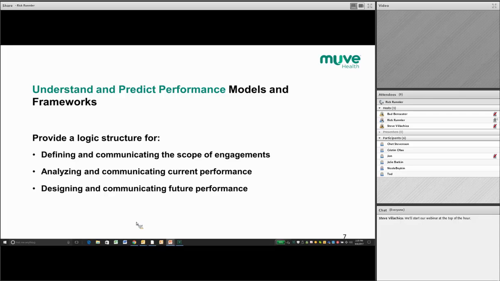It's one thing to use a model as a framework to guide our thought process and our approach to understanding, analyzing or designing something. But the other major benefit of a model and framework is that you can actually use it to educate and inform other stakeholders, so that they're on board with how you're going to go about doing it.